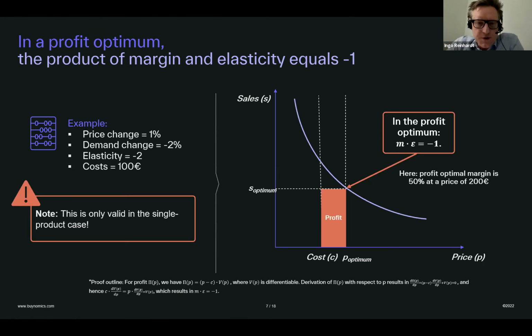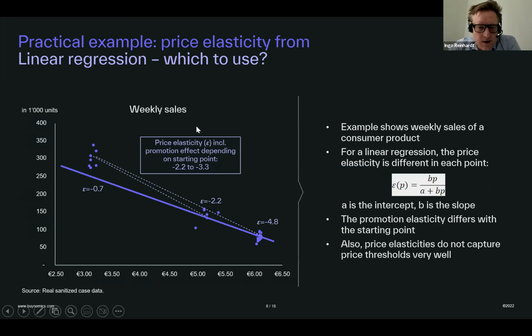But one of the challenges, and this is already a very realistic challenge, is based on real data. It's based on a real case in the product category. It's a consumer goods company. They sell a product, and each one of these dots here indicates the weekly sales at different prices.